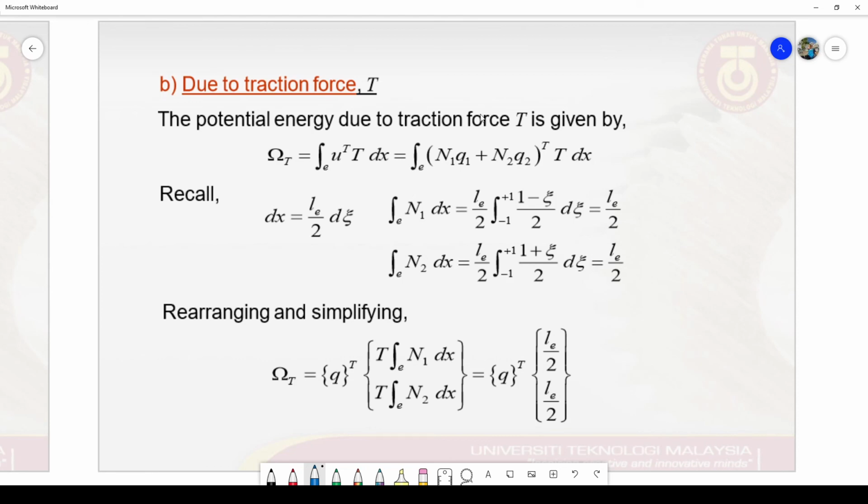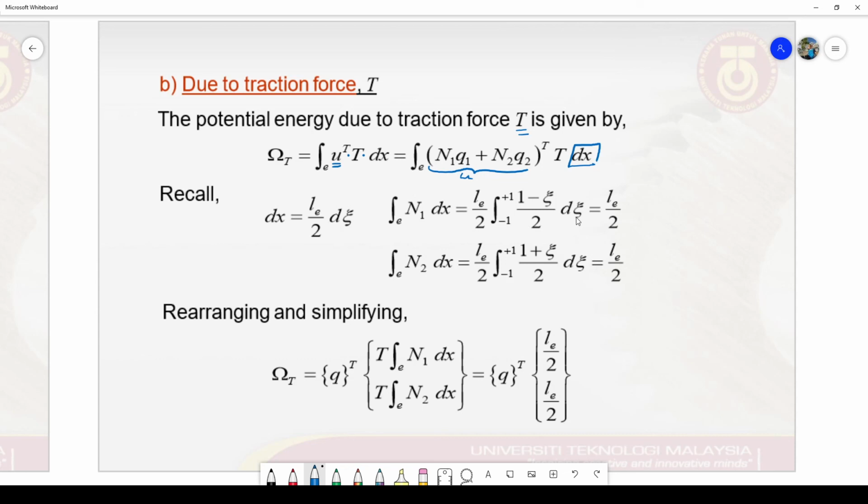In this session, we are going to discuss the force due to the traction force. The potential energy due to traction force T is given by the third term in our potential energy equation, which is u transposed multiplied by T then multiplied by dx, where u is the field displacement given by N1 Q1 and N2 Q2, and we substitute dx by L over 2 multiplied by dz as in the previous equations.